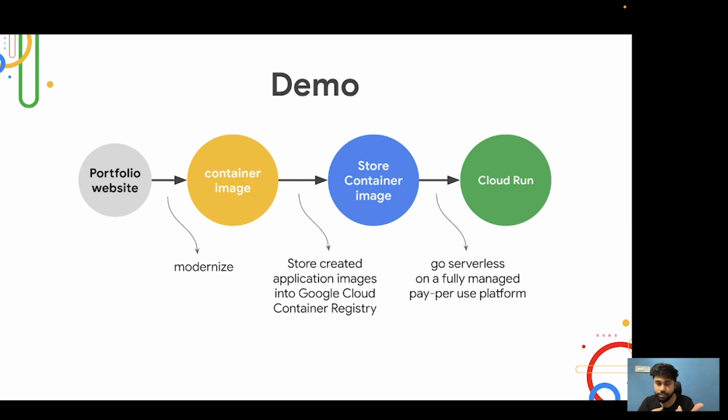We'll take our application and its dependencies and create a bundle, and that bundle is called a container image. Then we'll store this container image in the container registry, which is Google Cloud Container Registry, and from there we'll deploy this application to the cloud, and within a minute we'll see our application is live and accessible to the end user. So let's go to the console.